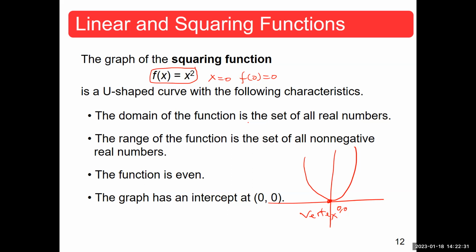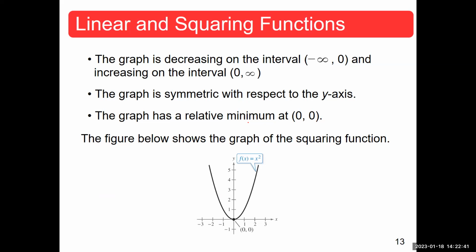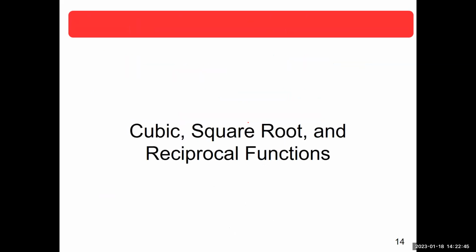Later on, we're going to learn how to generate a new equation from the basic one, from the parent one, by shifting them around. There you go. That's the drawing. The next one is the cubic function.